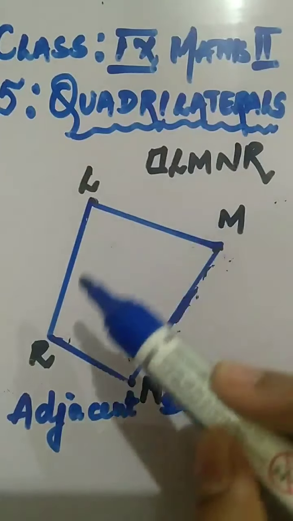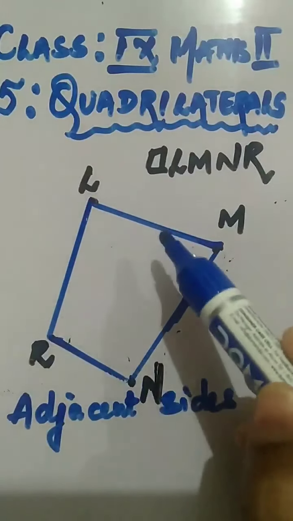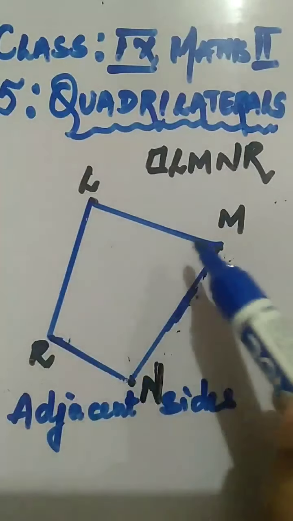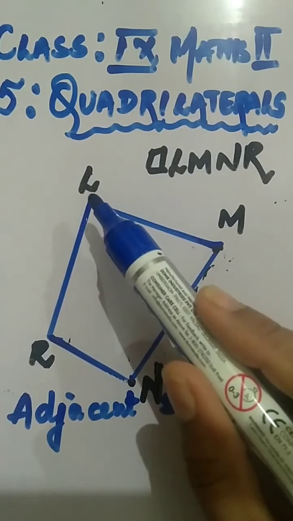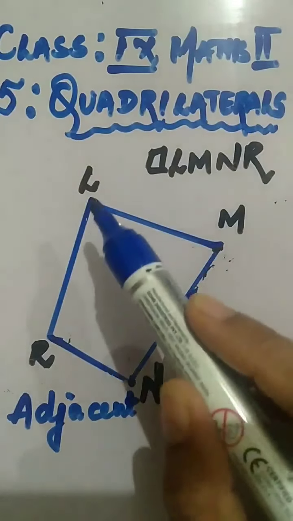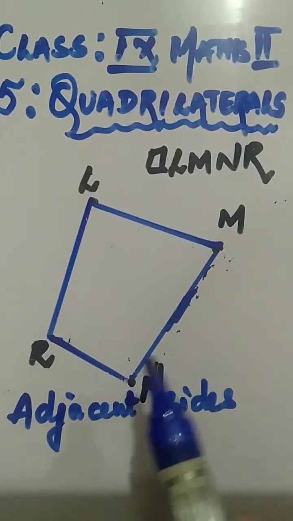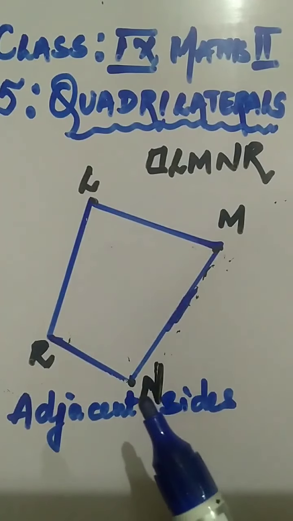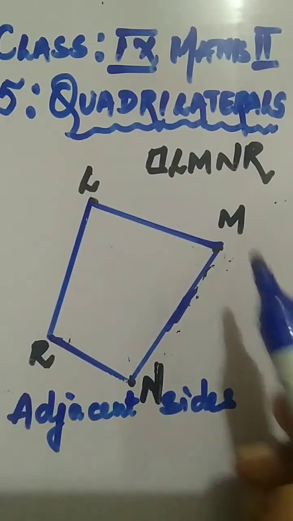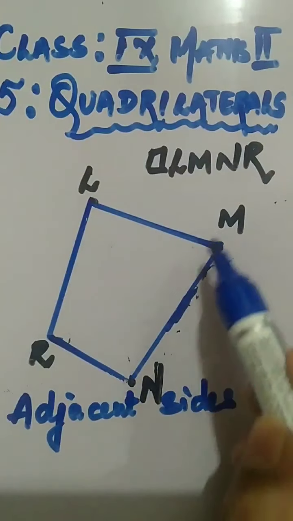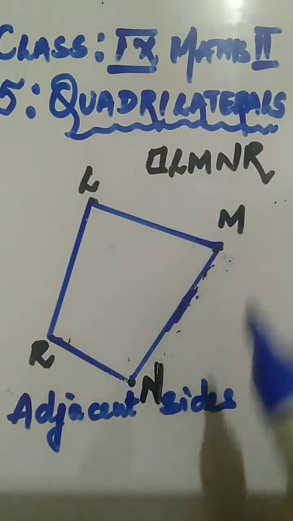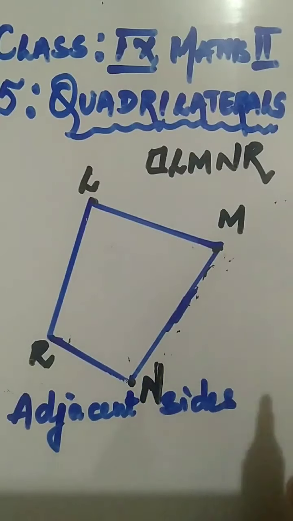The side LR's adjacent side is side LM, where they both share a common vertex. LR, LM are adjacent. Same way LR, RN are also adjacent. RN and NM are adjacent. LM and MN are adjacent.